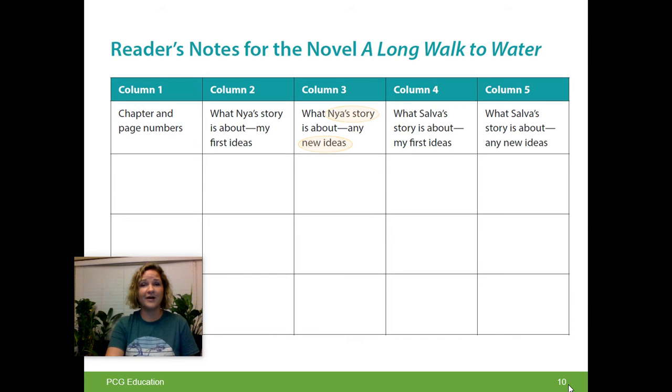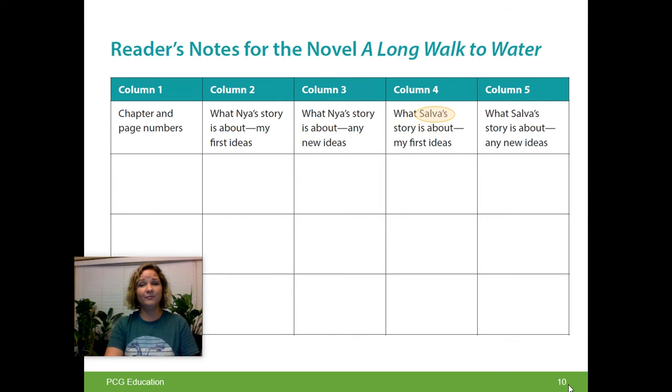Now, column 4 and 5 are the same idea as column 2 and 3, except this time we're talking about Salva. Salva's story is followed every chapter by Naya's story. So as you open up and you start reading a chapter, it's always going to start with Naya, and hers is in an orangish color, and then Salva's story follows.